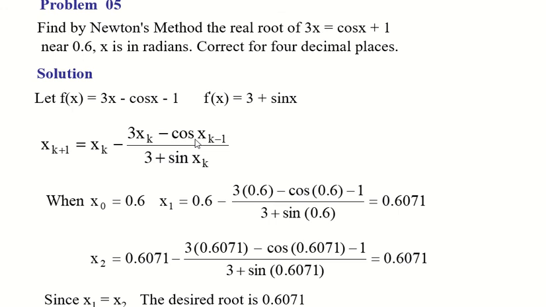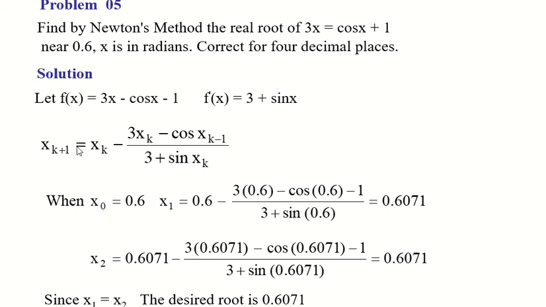Remember here this is cos xk minus 1. Now here x0 is already given, so you need not find 2 points between which the root lies. Take this 0.6 as your x naught.